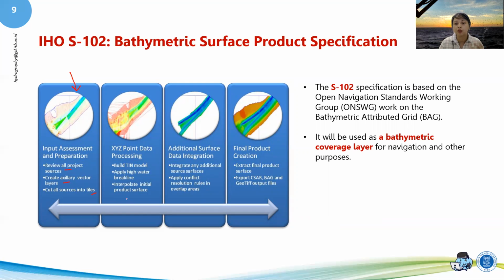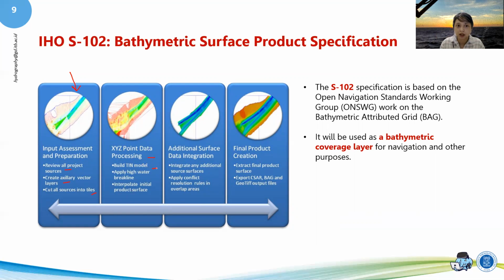If you want, you can separate your data into tiles to preserve the quality of the data without ruining your space, because it's harder to load a huge data set. It's better to have small data sets in chunks than one big data set. And then you want to have the XYZ point data processing.